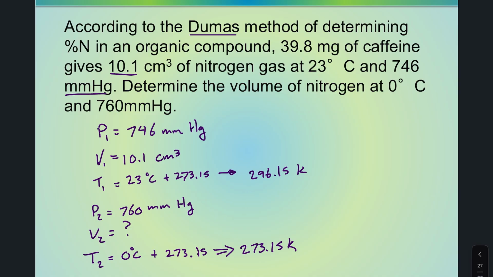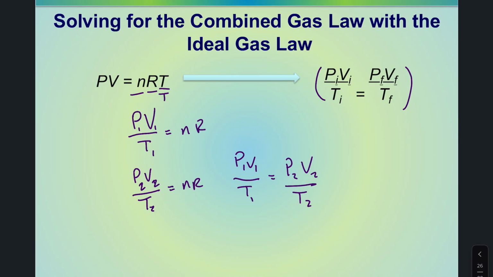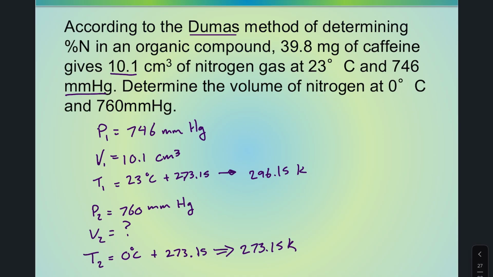Okay, and so our equation, if we look back at what we wrote before, is P1V1 over T1 equals P2V2 over T2.